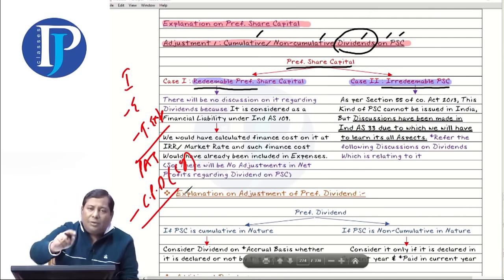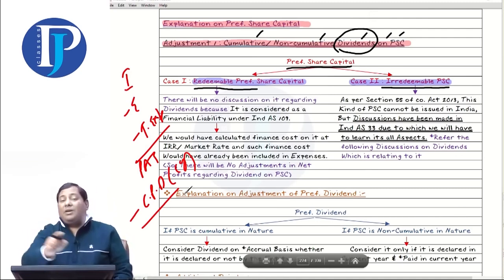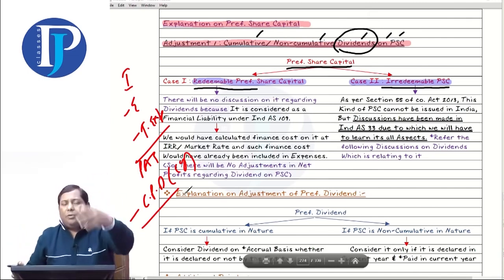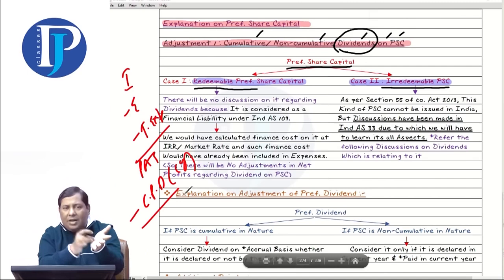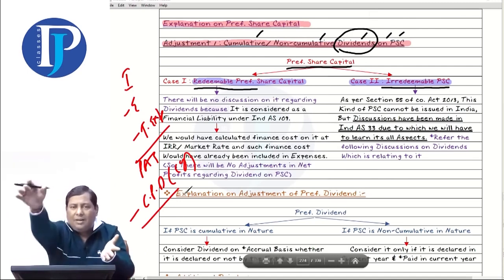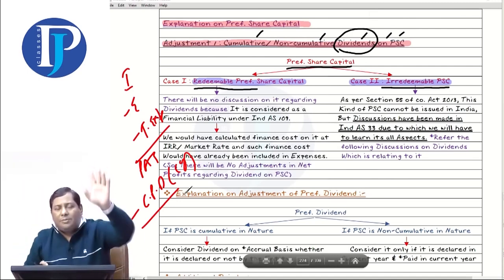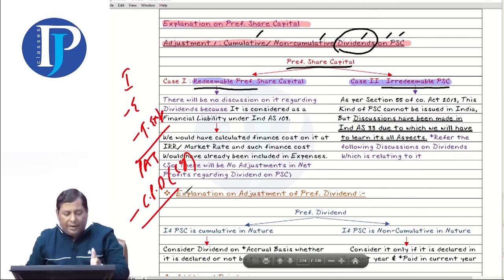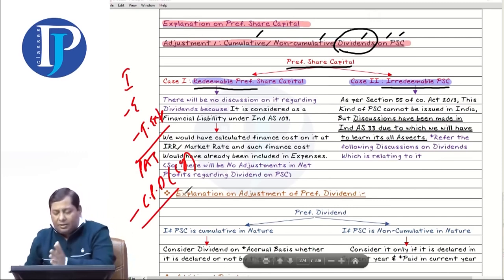While calculating EPS, you should take cumulative preference dividend on a per annum basis. Don't see if profit is positive, negative or nil. Why? Cumulative dividend for 1 year, then 1 year and it carries on. You take it on accrual basis. Because if you don't take it on accrual basis and use payment basis, the first year will be a loss with no dividend. The second year will be the same. You have to give for all 3 years in the third year.